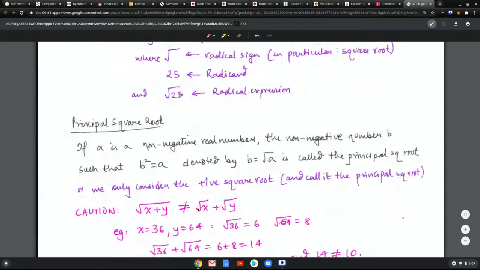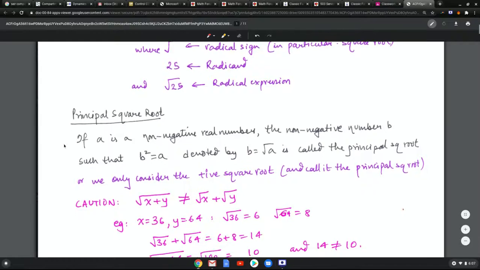Principal square root. If a is a non-negative real number, the non-negative number b such that b squared equals a, and b is the square root of a, is called the principal square root. In simpler terms, we only consider the positive square root and we call it the principal square root.